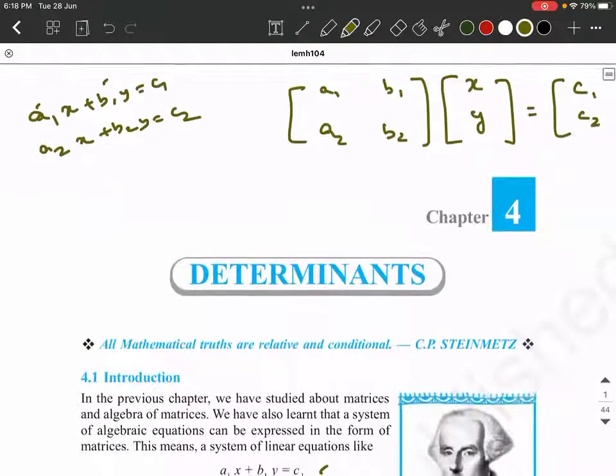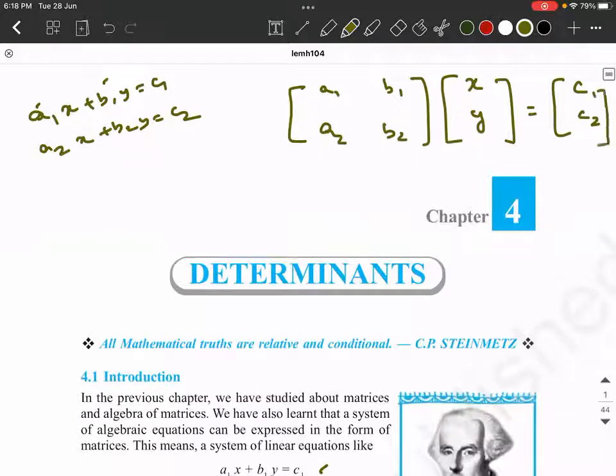What did we do here actually? A given linear equation, you converted into a form of matrix multiplication to give you an output. Does this make sense in the first place? Are you able to understand? Here, this is a 2 cross 2 and this is a 2 cross 1 matrix, where you got an output as 2 cross 1.